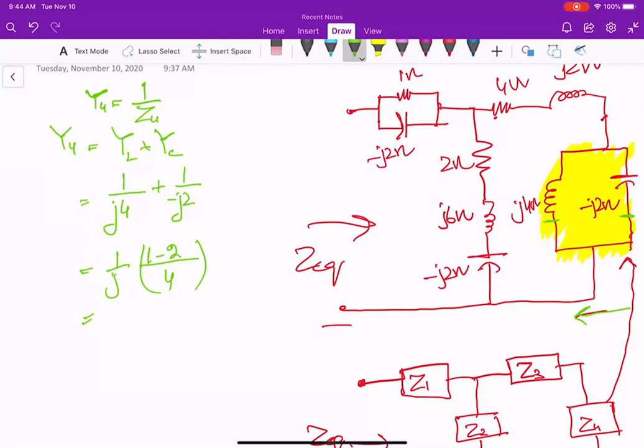And this would become minus 1 by 4j, which will become j by 4 siemens.